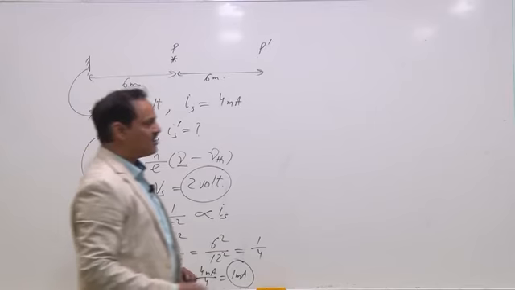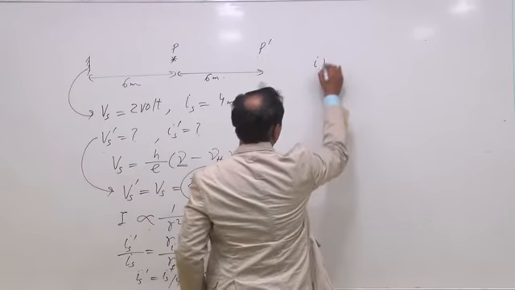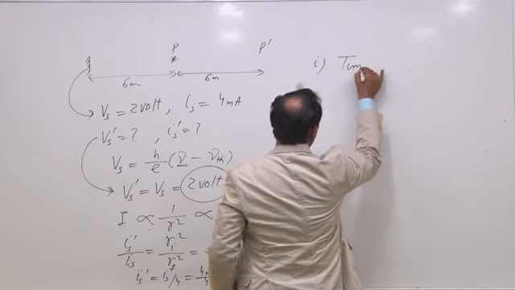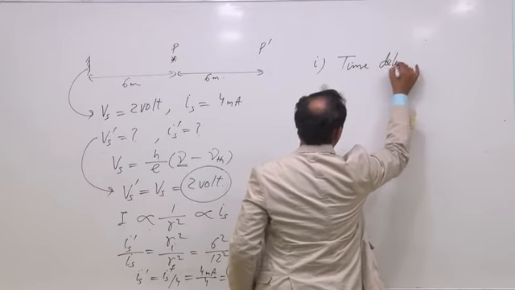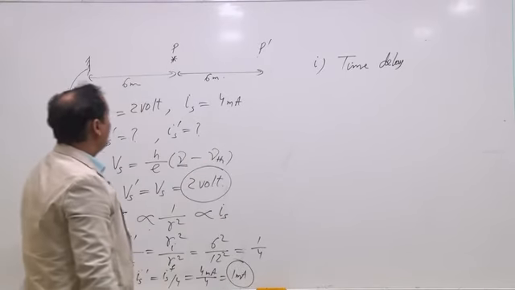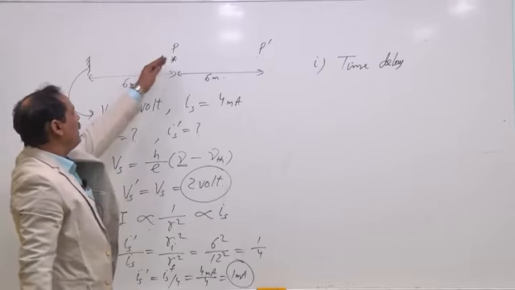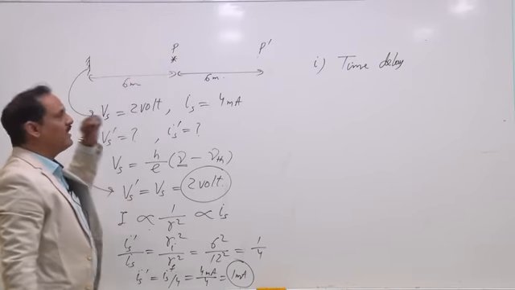There are 3 distinct differences between wave nature and particle nature. First of all, we need to know about the time delay problem. If light behaves as a wave, then there is a continuous flow of energy.